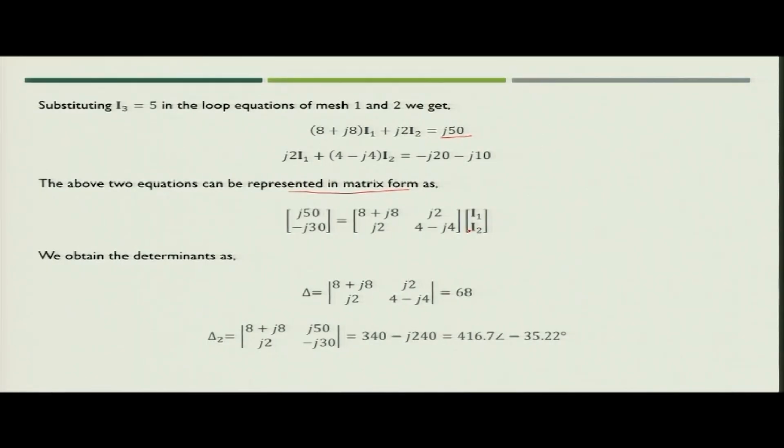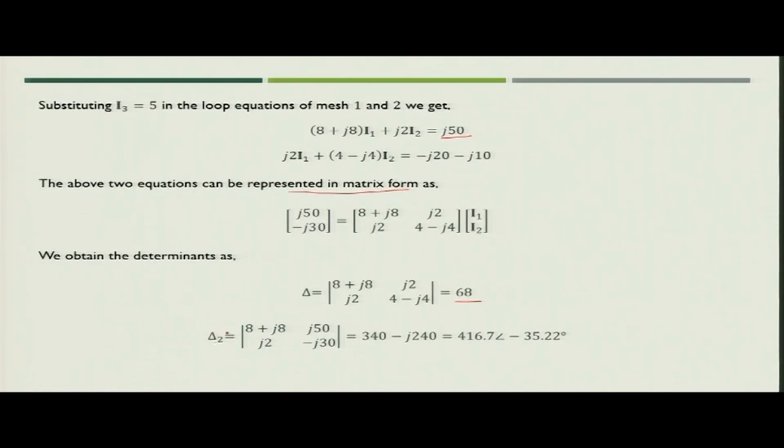Now, as we did in the previous example, in this case also we will first determine the value of the determinant of this matrix. If we determine the value of the determinant, it comes out to be 68. Next, we need to find the value of delta 2, because we need to find the value of I2. For that, we just replace this column with this column.